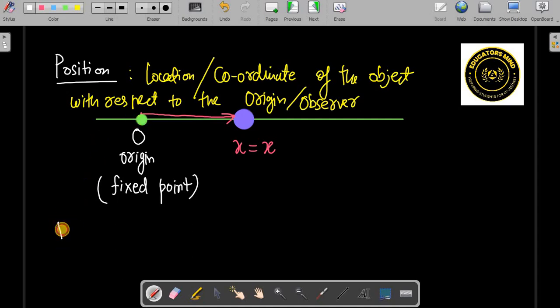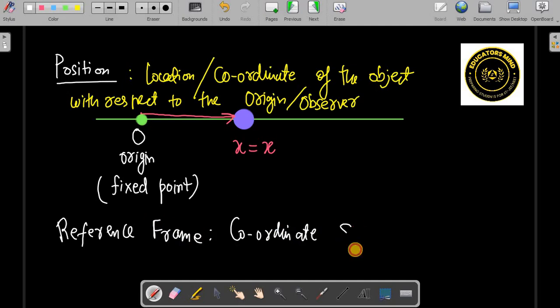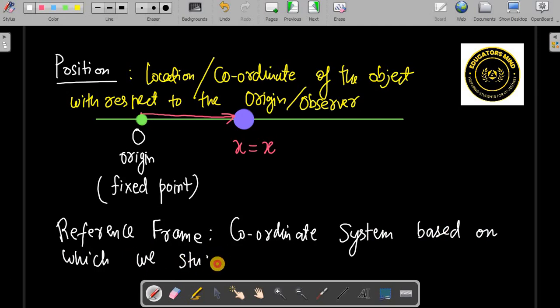So we need to also understand the reference frame, or frame of reference. It is nothing but the coordinate system based on which we study the kinematics, or even dynamics we can say, but that we'll see later.